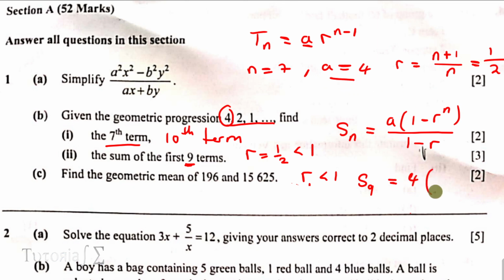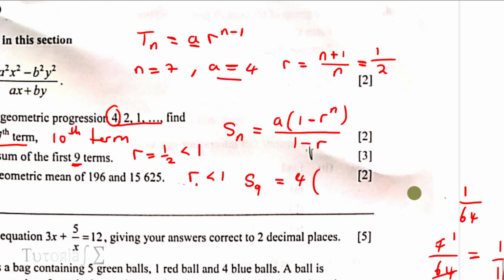So 4 open brackets 1 minus our r, which is 1 over 2, raised to the power 9, close the brackets, over 1 minus r, which is 1 over 2.